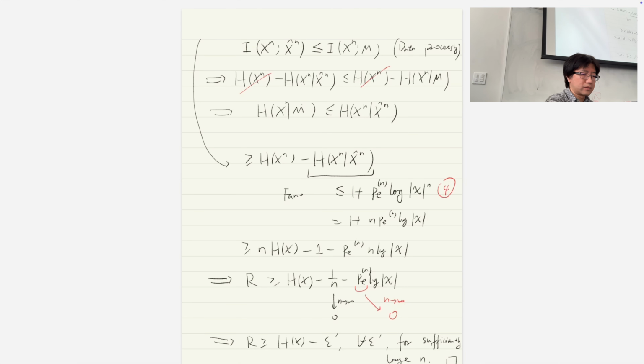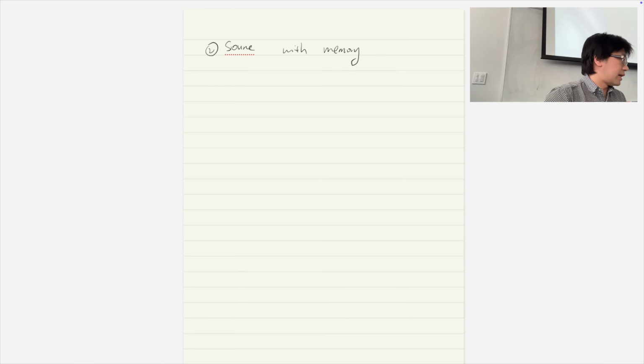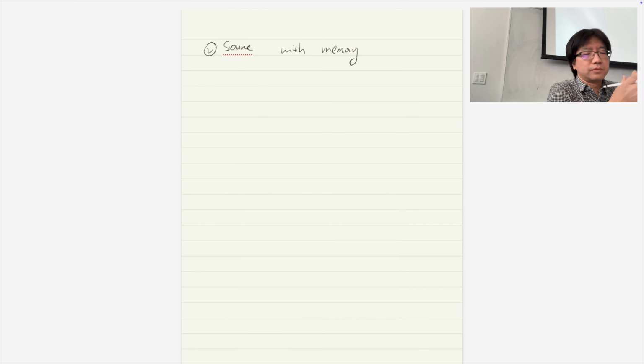So let's write down a bunch of definitions, and then we'll discuss some details next lecture. The first thing is, how can we mathematically define a source with memory? Any idea?